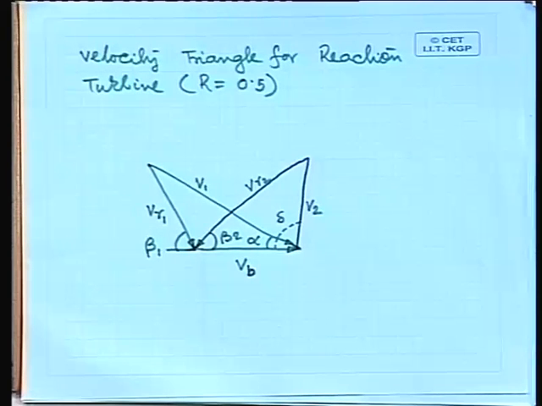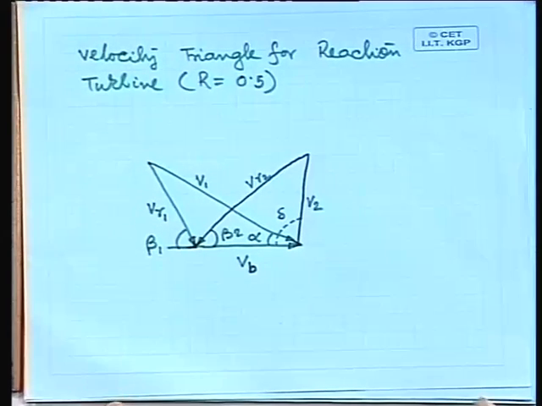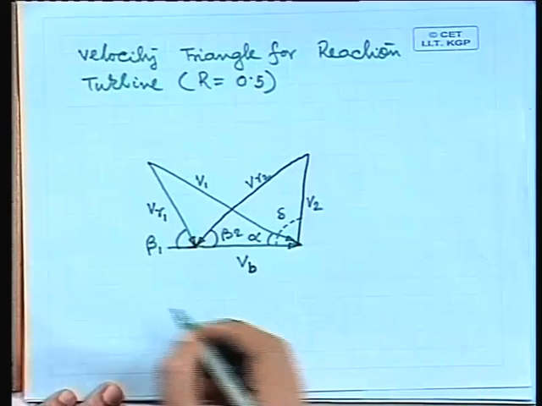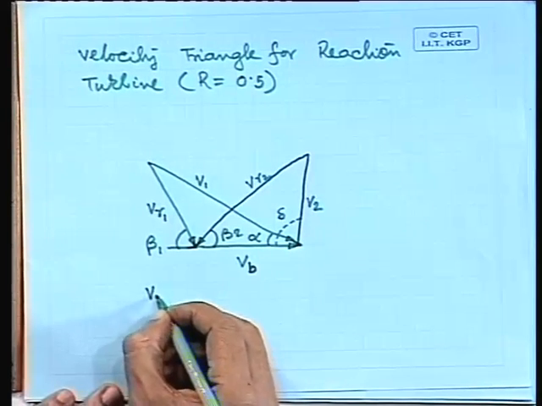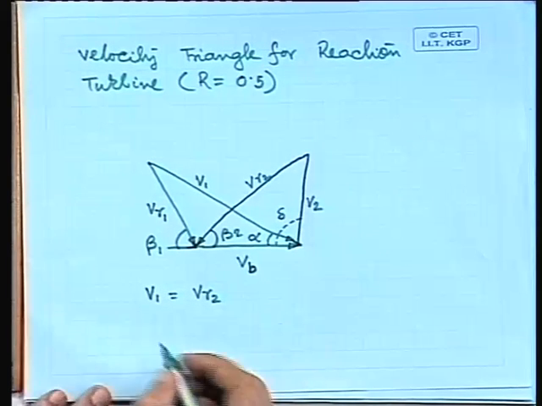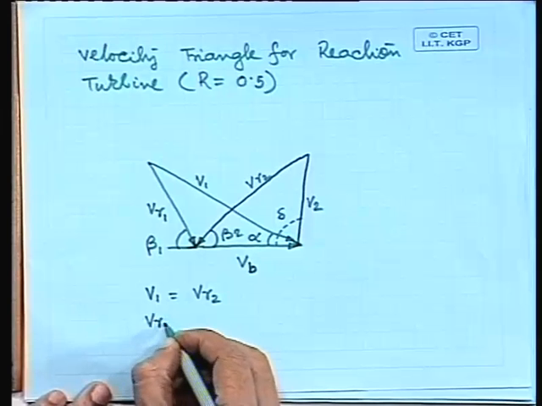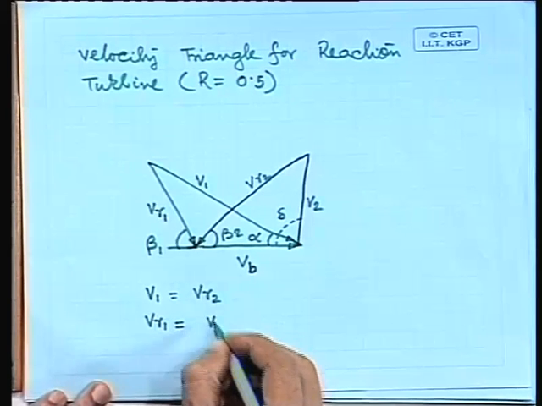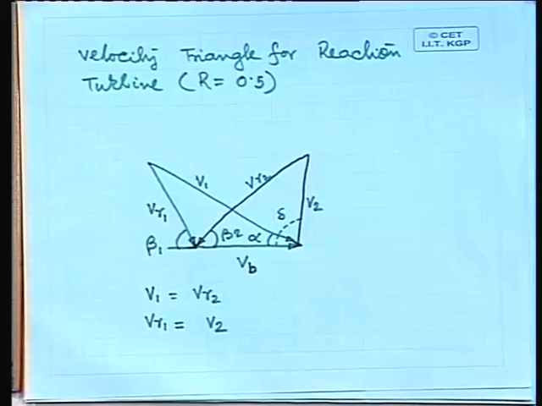If we do that, then we will get a very interesting relationship. We will get V1 is equal to VR2 and VR1 is equal to V2. This relationship we will get.